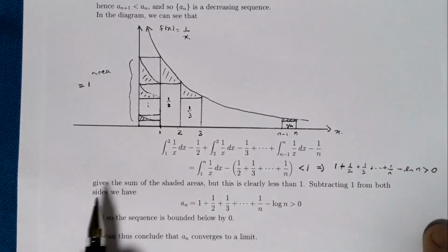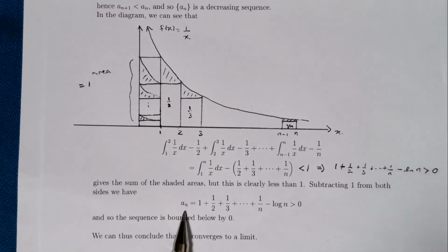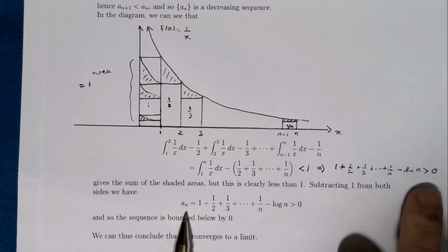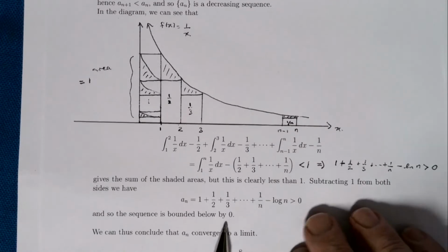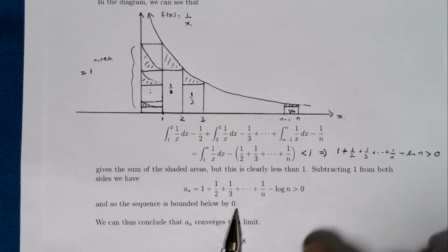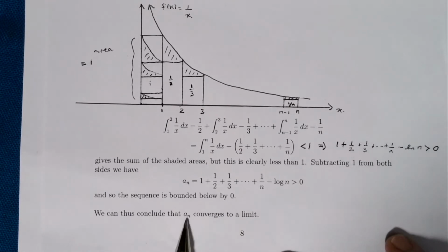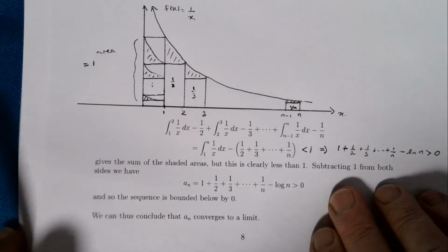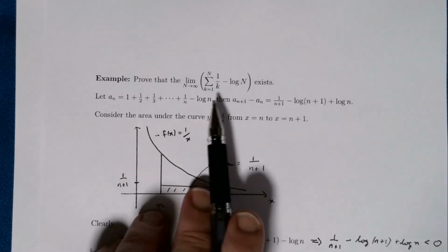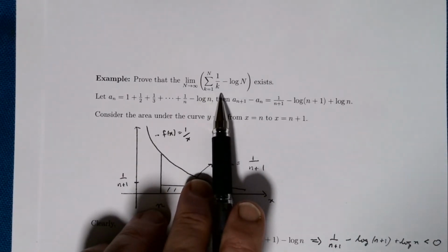That tells me that these partial sums, because this now is just the partial sums, are bigger than 0. So our sequence is decreasing, and it's bounded below by 0. And again, we can invoke the monotone convergence theorem, and we can now conclude that this a_n has a limit. In other words, that means that this series up here converges.